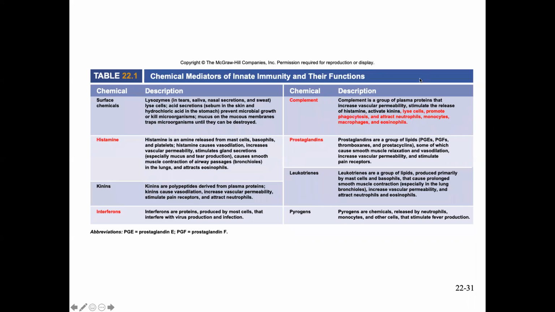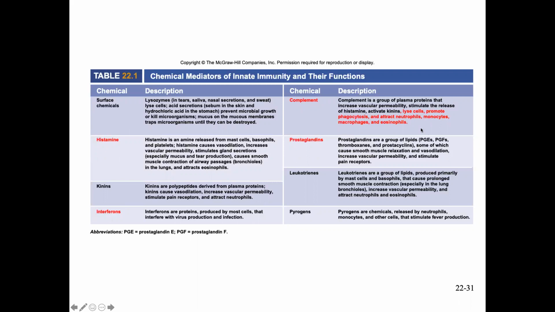That's what we mean by vascular permeability, right? It stimulates release of histamine and activates kinins. They also lyse infected cells and lyse bacterium and viruses once it attaches. It promotes phagocytosis, making it easier for your macrophage to go to that bacterium and swallow it up.